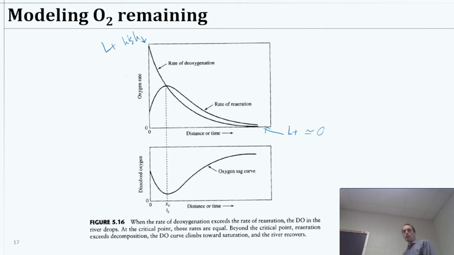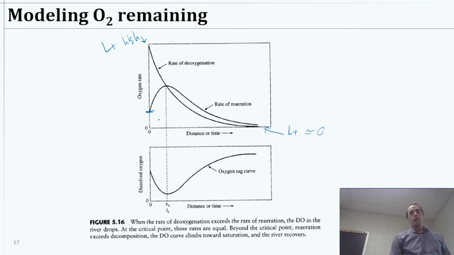So then the rate of reaeration is pretty low at first because the oxygen itself is high. We start off with pretty close to saturation. And you see this is starting at a non-zero because we're assuming we're not quite at saturation at the start. Because the rate of reaeration would actually be zero at time zero if it was at saturation at time zero.